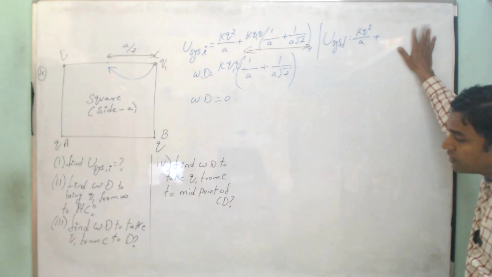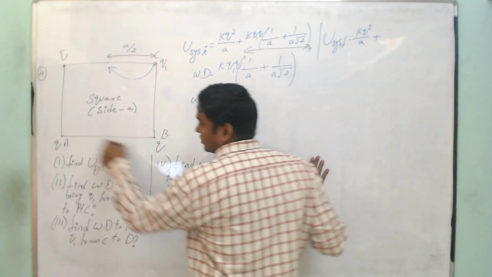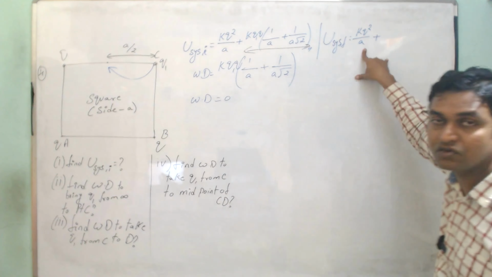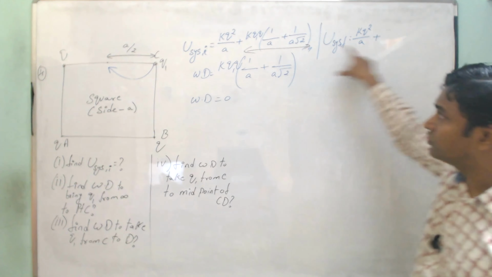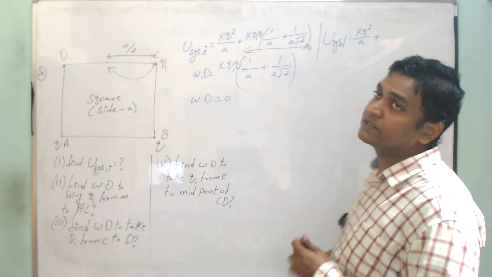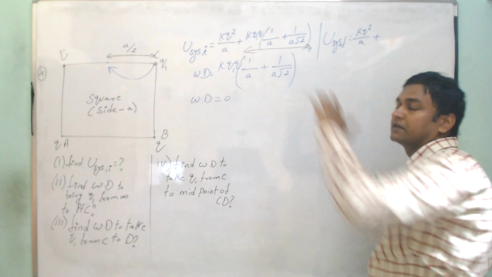Because Q and Q are in the same position, they will remain the same, KQ square by A energy. The first term will remain the same. Only the second term will change.